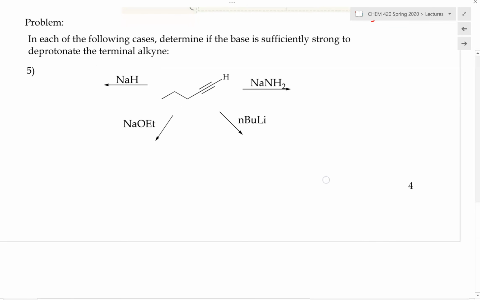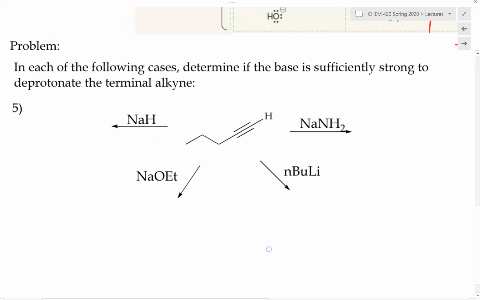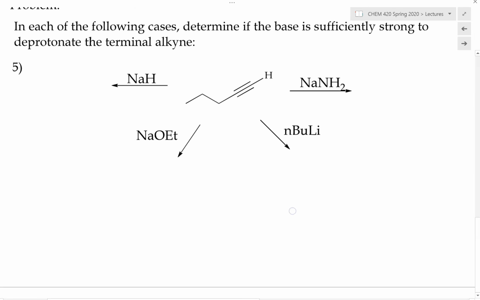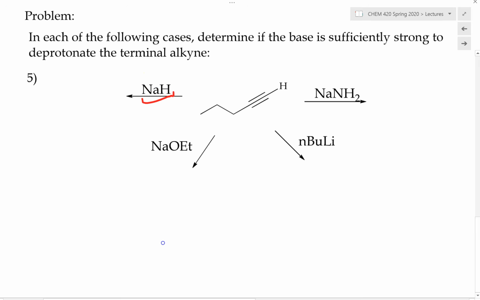Now let's try some examples to see if you can determine whether a base would be strong enough to deprotonate a terminal alkyne. Here is an alkyne treated with different reagents. Will any of these reagents be able to deprotonate the terminal alkyne? First example, sodium hydride. Yes or no?